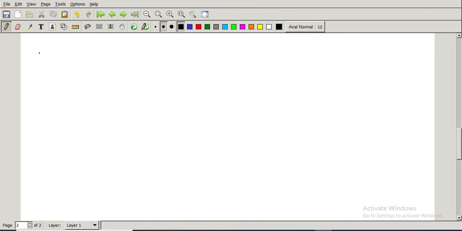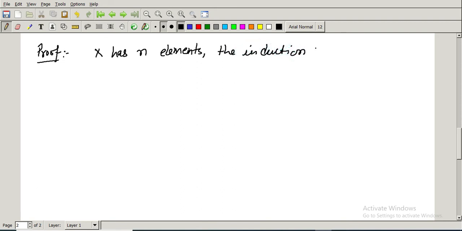Okay, the proof. We can prove it like this. Suppose X has n elements. The induction hypothesis: you know what a hypothesis is, we just assume something.